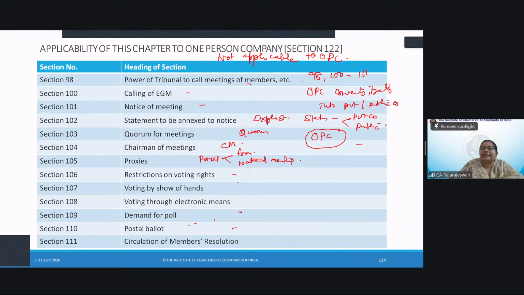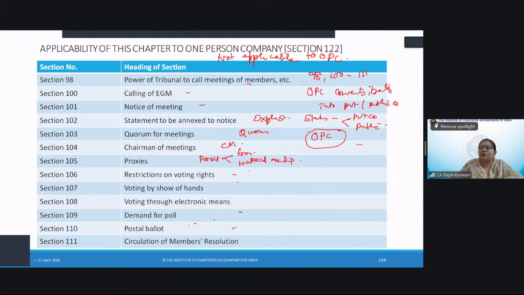So this exemption or this non-applicability will not be there. It is not applicable only for a one person company. The moment it gets converted to a private limited company or public limited company, everything will change. The status gets changed, so it is no more a one person company.